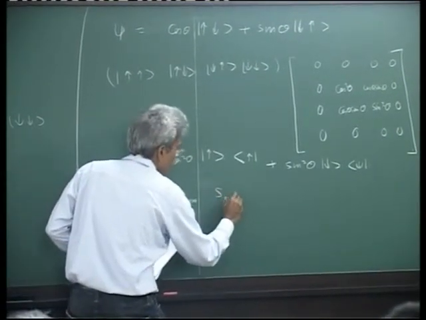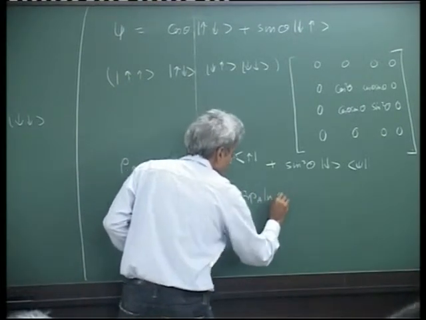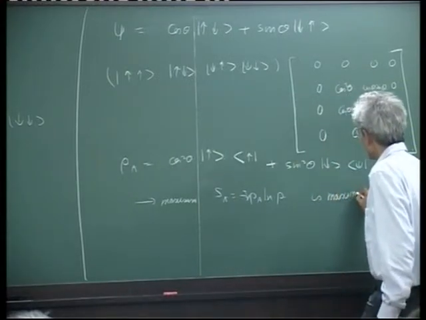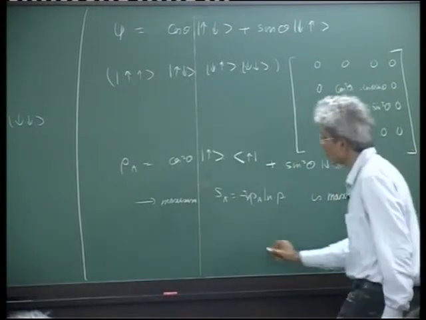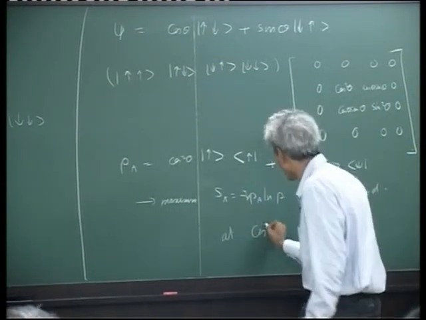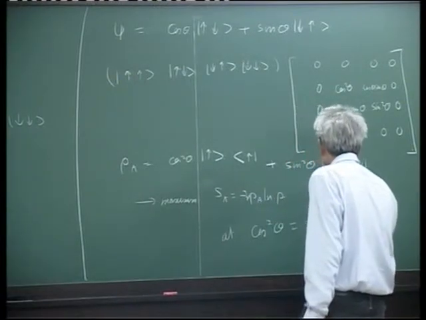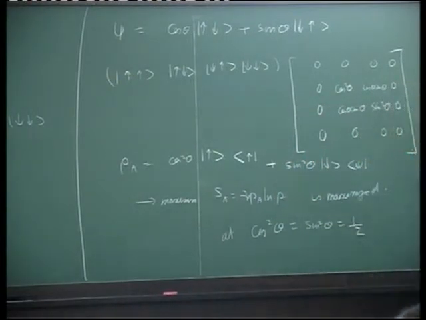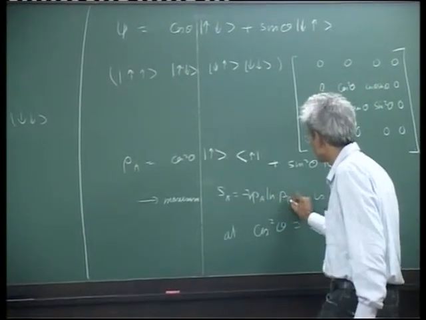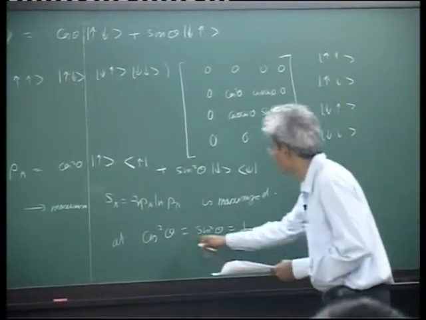The SA, which is minus trace of rho A log rho A, is maximized, as you would expect, at cos squared theta equal to sin squared theta equal to half. You can actually compute it because it's basically lambda i log lambda i, and you can see it's maximized when it's equally distributed, basically. So when this is half.